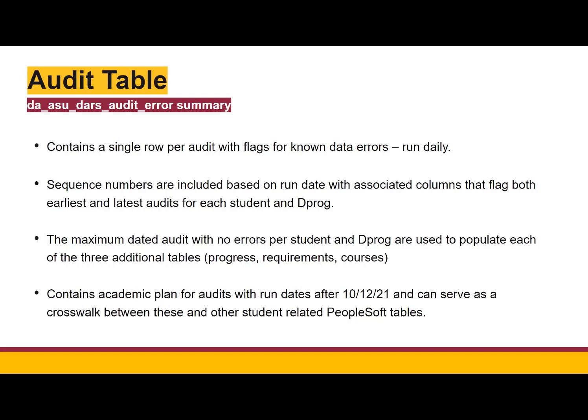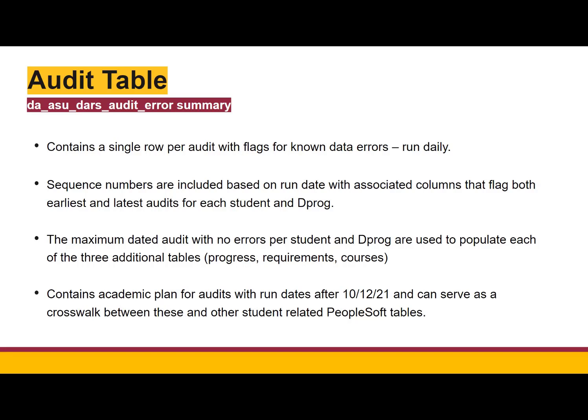Okay, so the audit table, I could probably do this by memory, but I was nervous. It contains a single row per audit with flags for known data errors. It's run daily. The sequence numbers, and not to be confused with that sequencing I mentioned earlier in the IDP, are included based on run date.